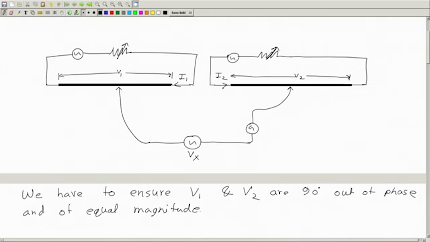Okay, and let me short these two terminals. Okay, so these two terminals are shorted. You can take this point as the reference for calculation. This is the reference point.